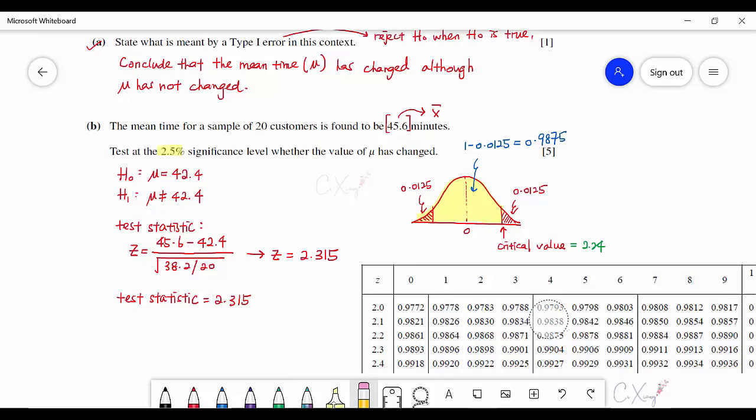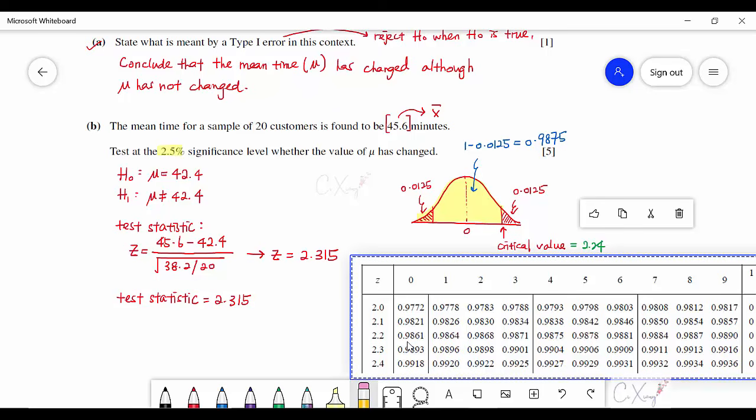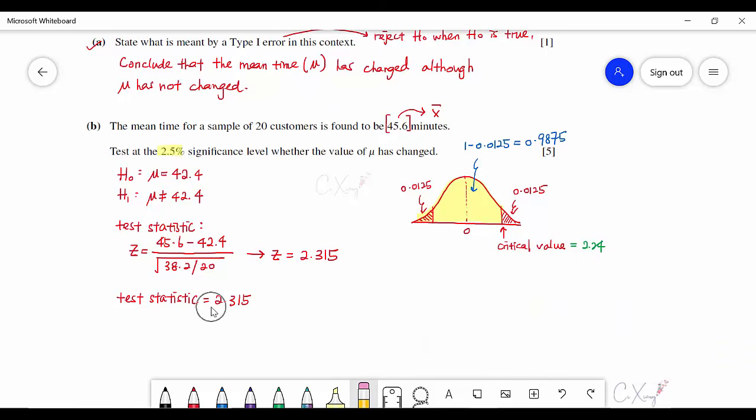Then now I want to continue with my test. I compare the test statistic with the critical value. The critical value is equal to 2.24, and if you compare them, you can see that the test statistic is more than the critical value. What does more than mean? It means that 2.315 falls under the rejection region.